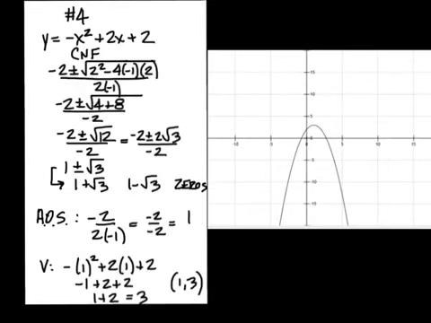Number 4 could not factor out, so I used the quadratic formula, and it boiled down to 1 plus or minus the square root of 3. So you'd have to do 1 plus square root of 3 and 1 minus square root of 3 to get your zeros. And if you get decimals for those, they end up being there and there on the x-axis.